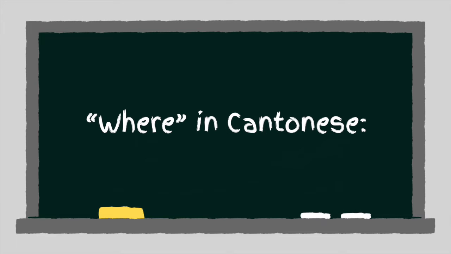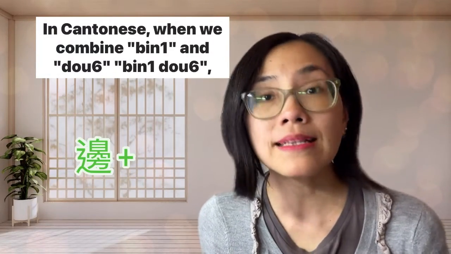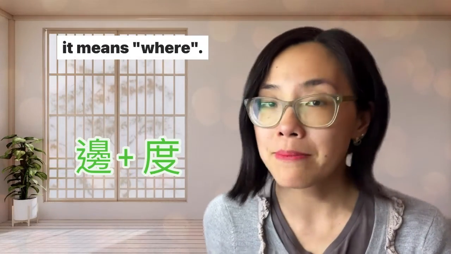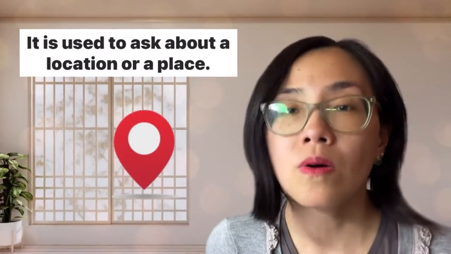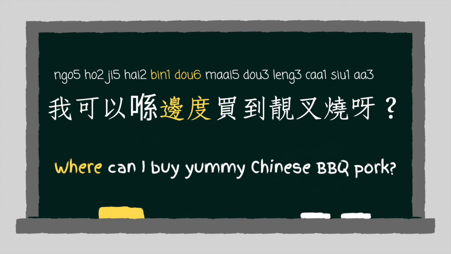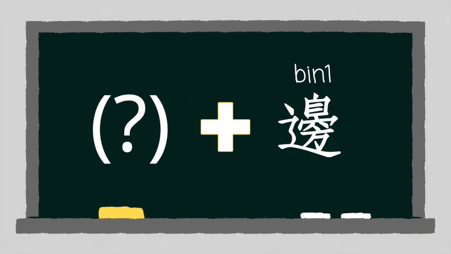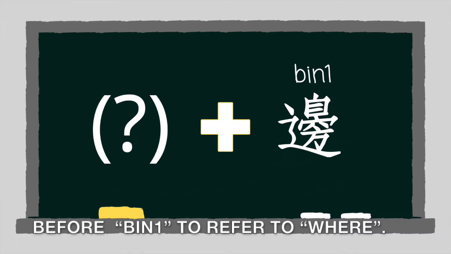Where in Cantonese. In Cantonese, when we combine 邊 and 度, 邊度, it means where. It is used to ask about a location or a place. For example, 你今晚去咗邊度啊? 我可以喺邊度買到靚叉燒啊? Also, we could add some words before 邊 to refer to where.